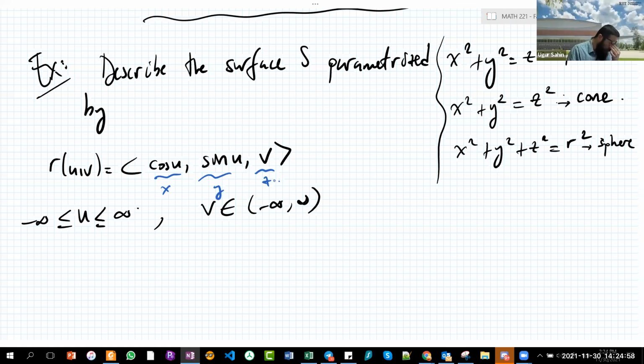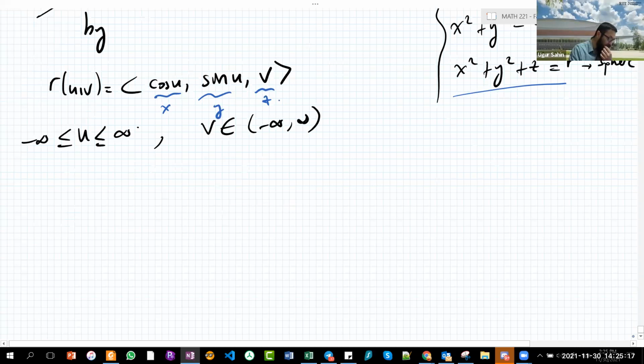So I should do something so that I can eliminate the u and v parameters, guys. Why am I trying to eliminate them? Since to give an equation like here, you need to relate the x, y, z variables, correct? That's what I'm going to do. The question is now, how could I relate x and y and then z, eliminating u and v?